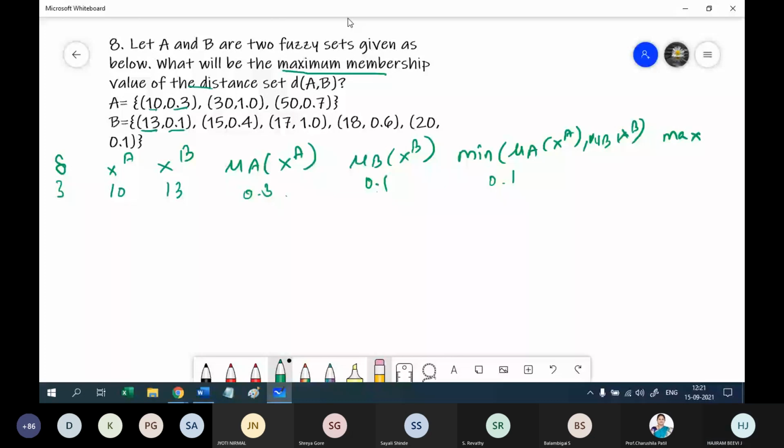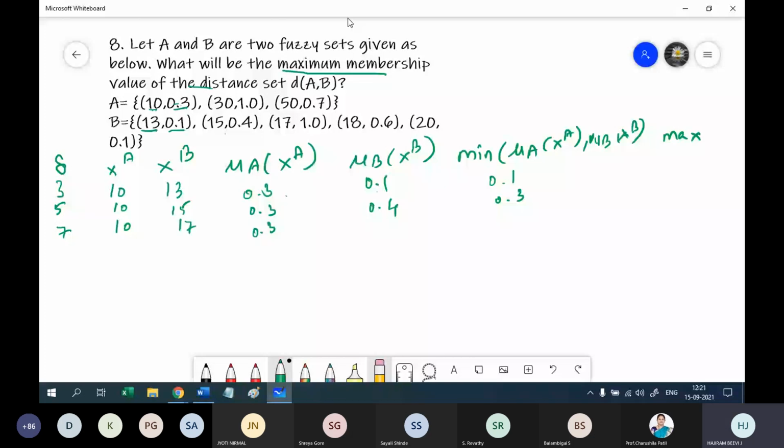The membership value of A is 0.3, B is 0.4. The minimum is 0.3. Then the next distance is 7, which means 10 and 17. 10 is 0.3, and this one is 1.0. The minimum is 0.3.